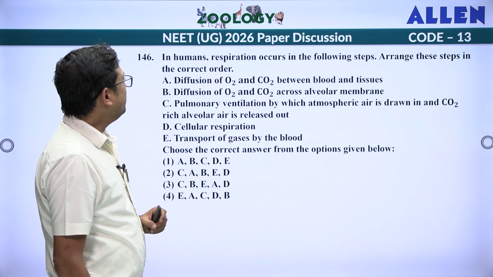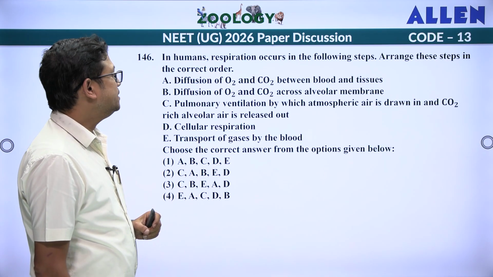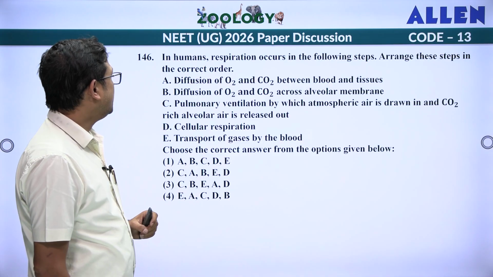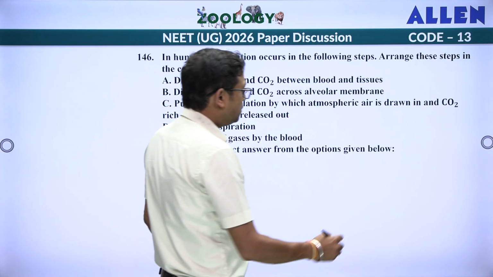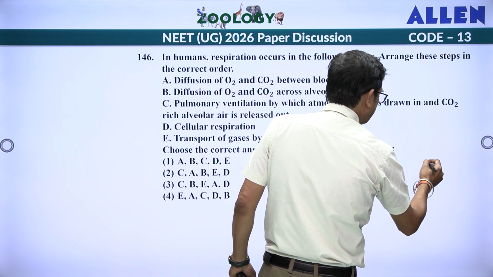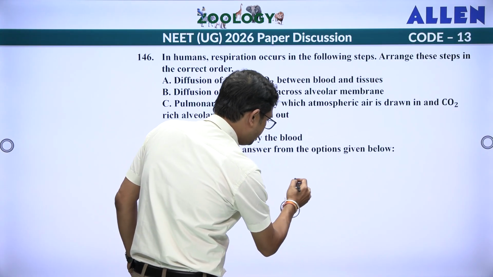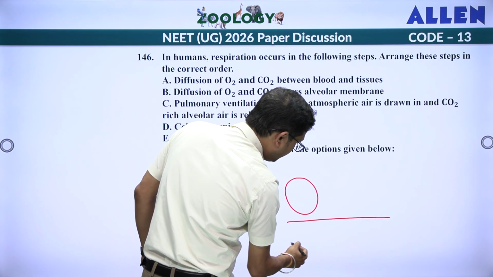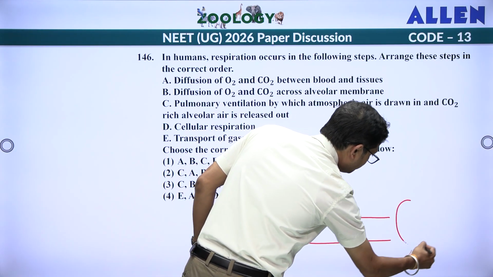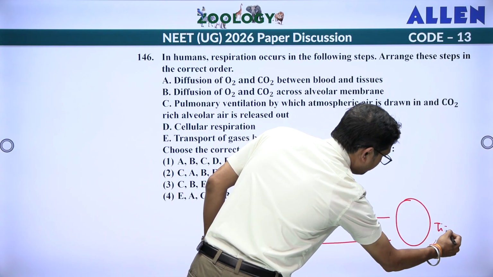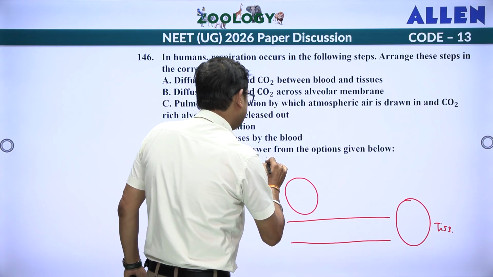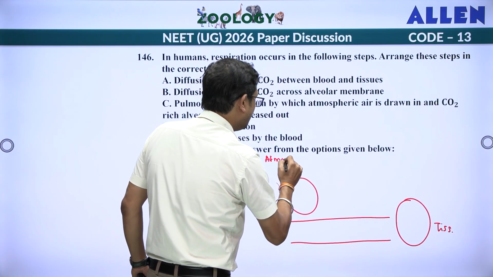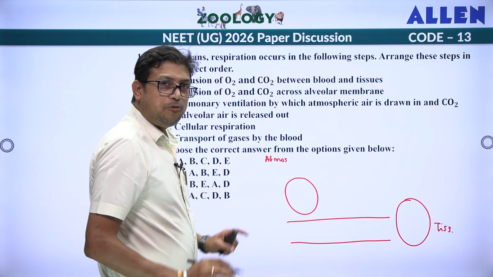Next, in human, respiration occurs in the following steps. Arrange these steps in the correct order. Okay. So now see here, suppose this is your lungs, alveoli, a blood vessel underlying, and this is the tissue. And this is the atmosphere. So in respiration, first what happens?